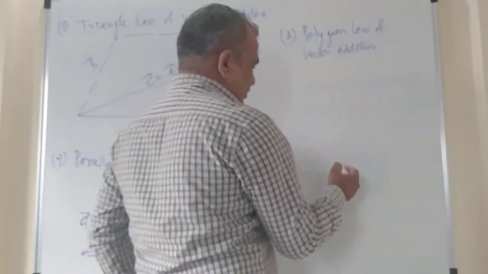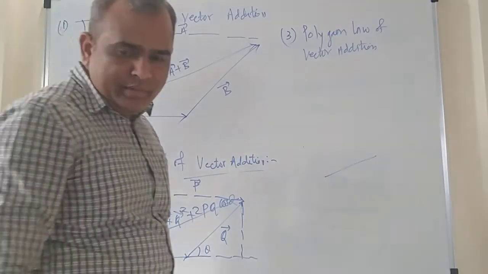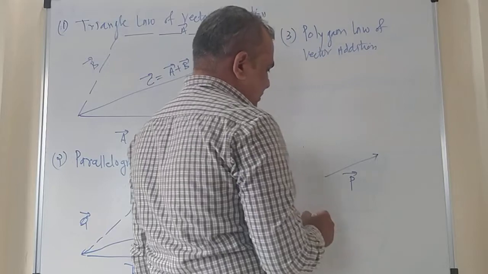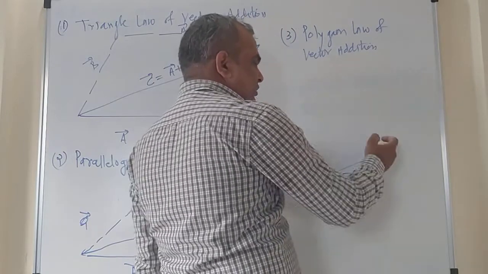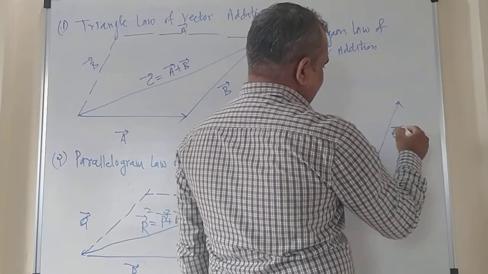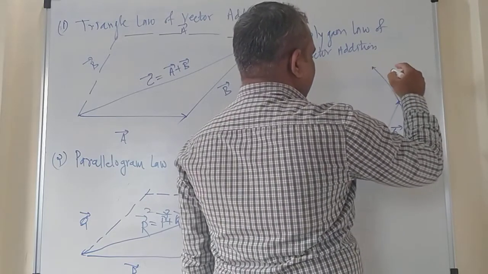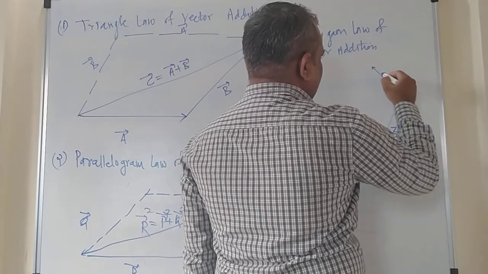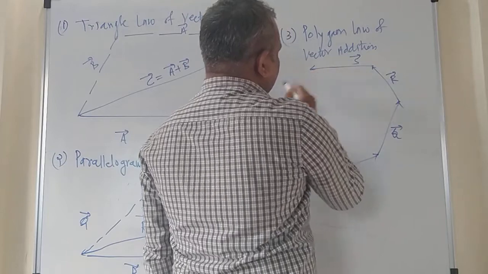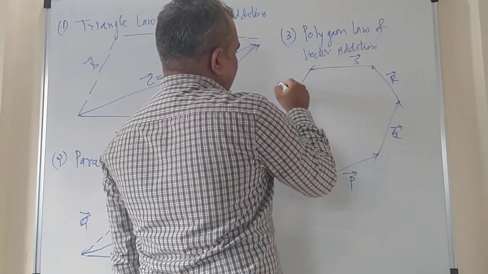So let me draw the vectors first. Suppose this is the first vector, and let me name them P, Q, R, S. So this is our vector P bar, and it is directed along this direction. The second vector is along this direction, which is Q bar, and the third vector is along this direction, let us say this is R bar, this is S bar, and this is T bar.